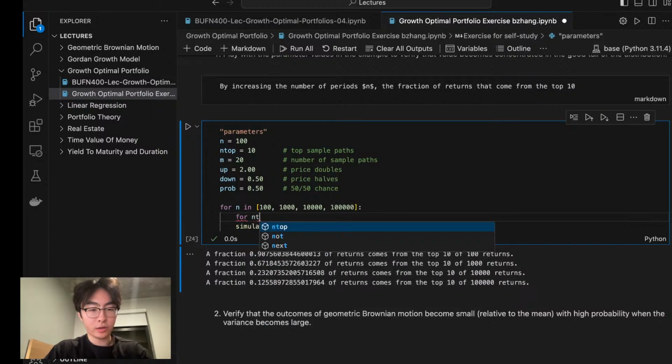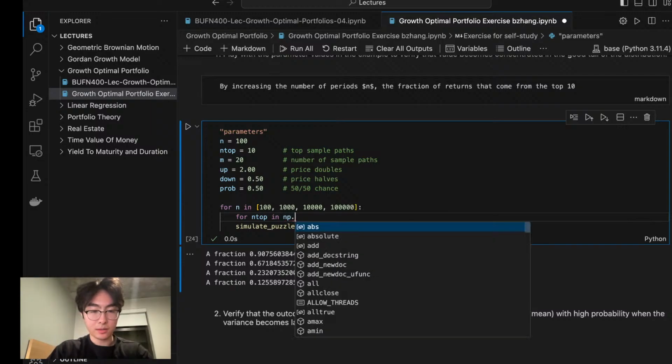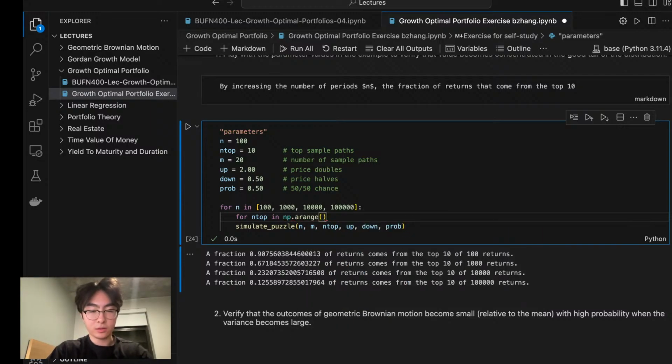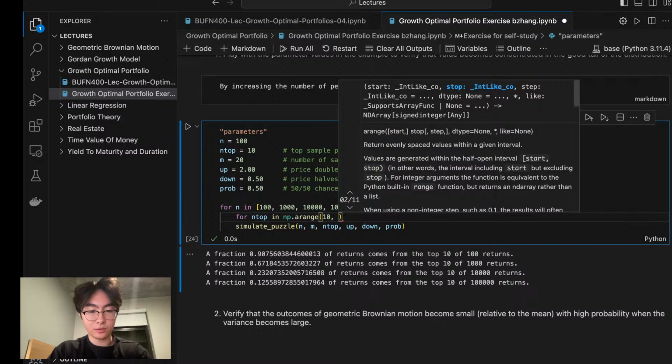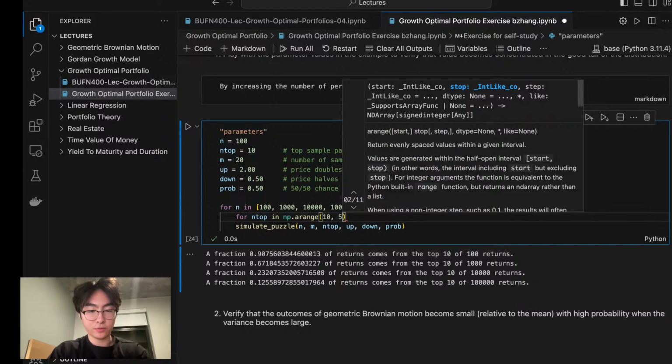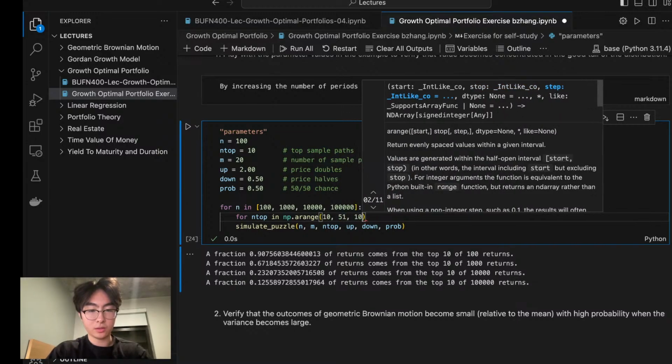For ntop in, so we'll call it np.arange 10 to 51, 10.